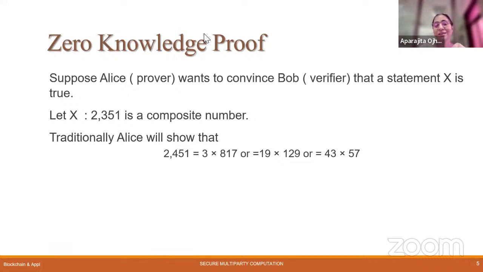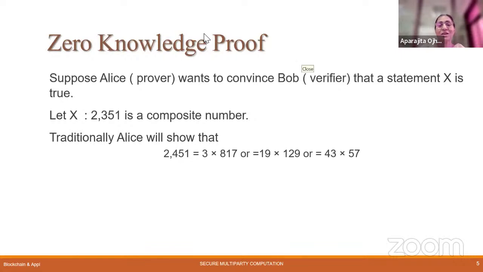Well, checking primality is more difficult than checking factors, because to see whether it is prime or not, you will have to look at all the numbers less than a certain value, root n or something, and see whether they divide this number or not. But finding the factors is easy.